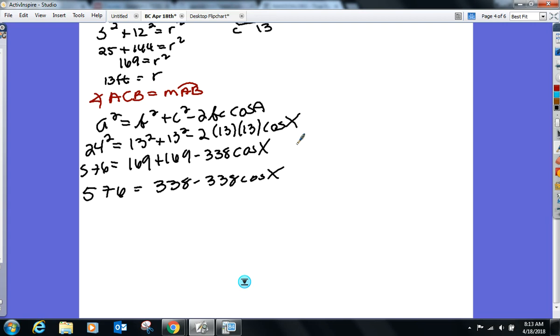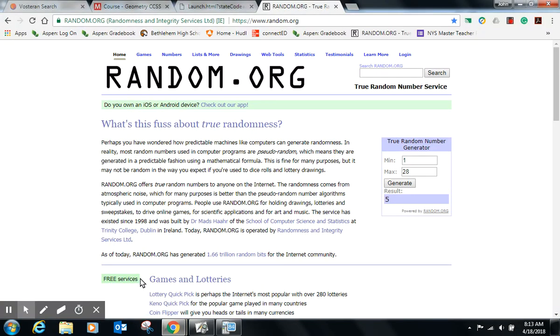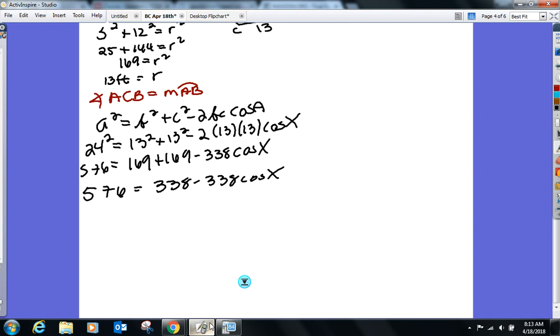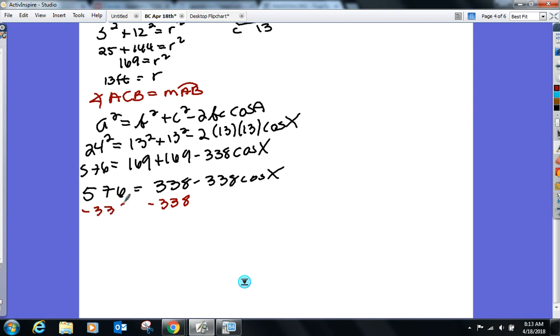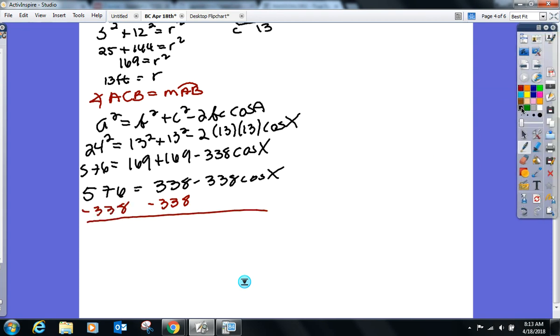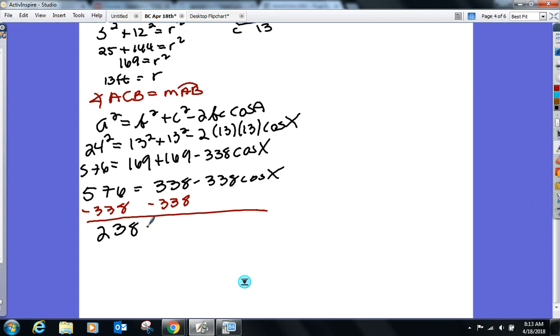All right, since I can't subtract the two, what do I do from here now? You guys are taking over. What do I do from here now? And you end up with 238 over here equals, don't forget the negative sign, negative 338 cosine x.